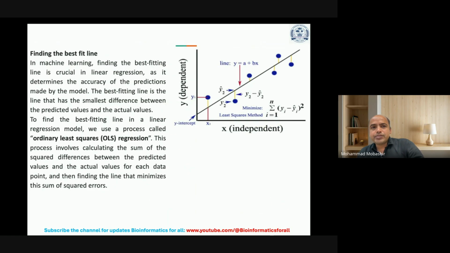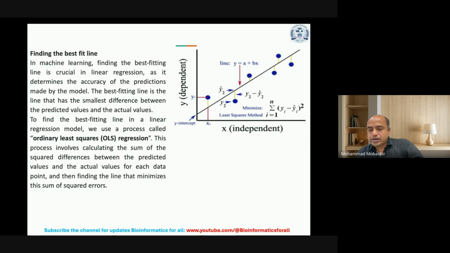And now, finding the best fit line. In machine learning, finding the best fitting line is crucial in linear regression as it determines the accuracy of predictions made by the model. The best fitting line is the line that has the smallest difference between the predicted values and actual values.